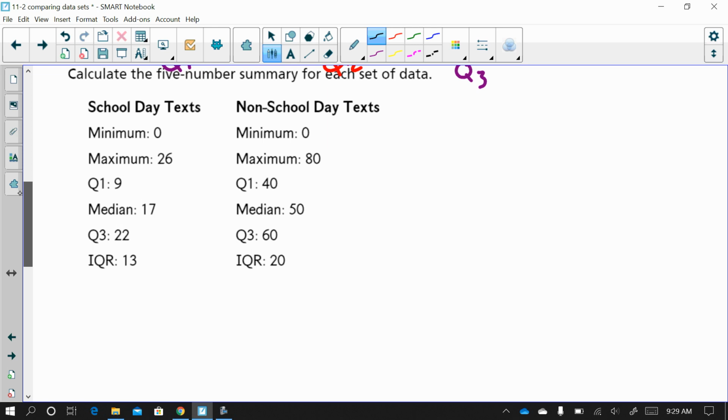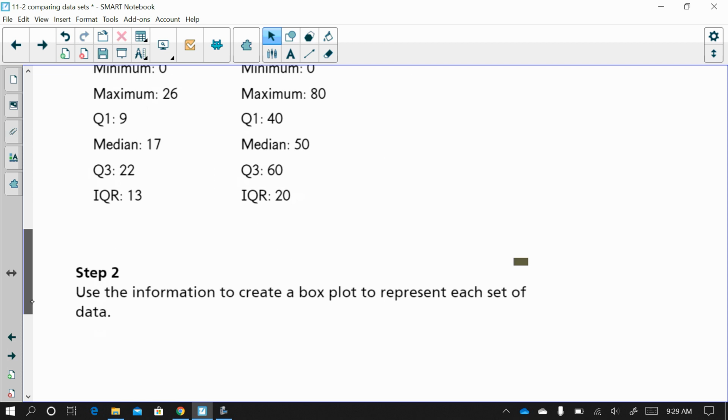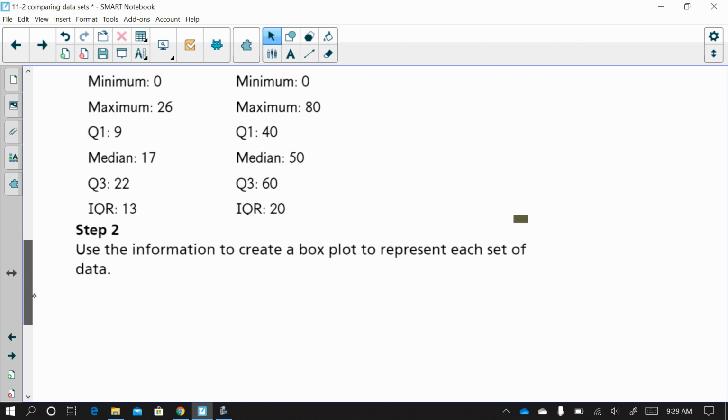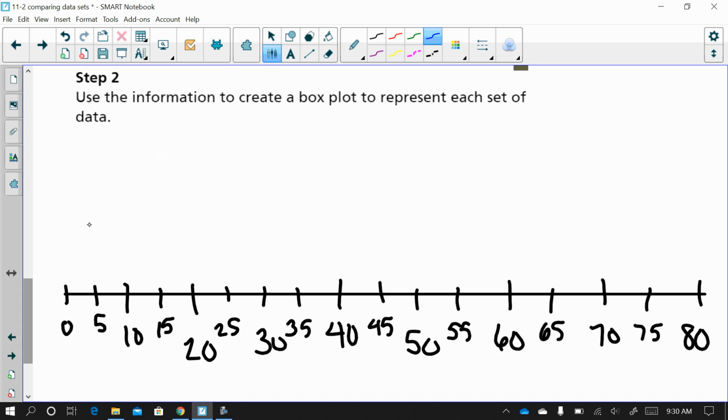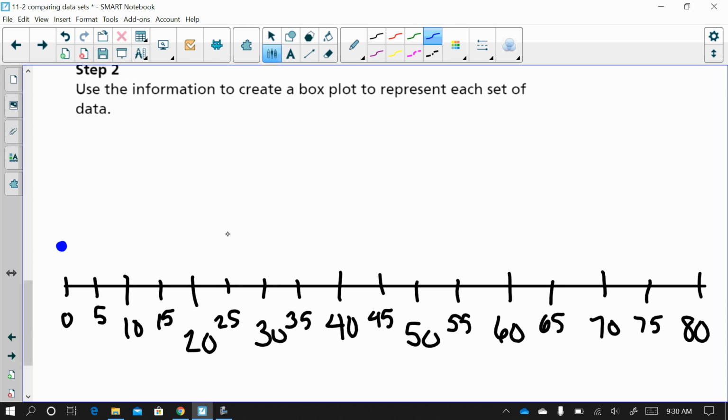Okay, so let's start with our school day text. I'm going to scoot that down so I have some room here. First thing I want to do is put, I'm going to do this one in blue. And my minimum was 0, so I put a dot on 0. And my maximum was 26, so about right here.